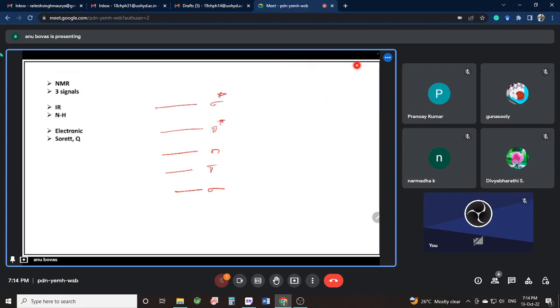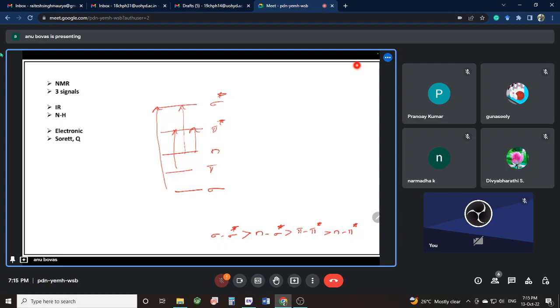We know sigma to sigma star, pi to pi star, n to sigma star, and n to pi star, 4 transitions can happen. And the energy order is: sigma to sigma star is high, then n to sigma star, then pi to pi star, and then n to pi star.